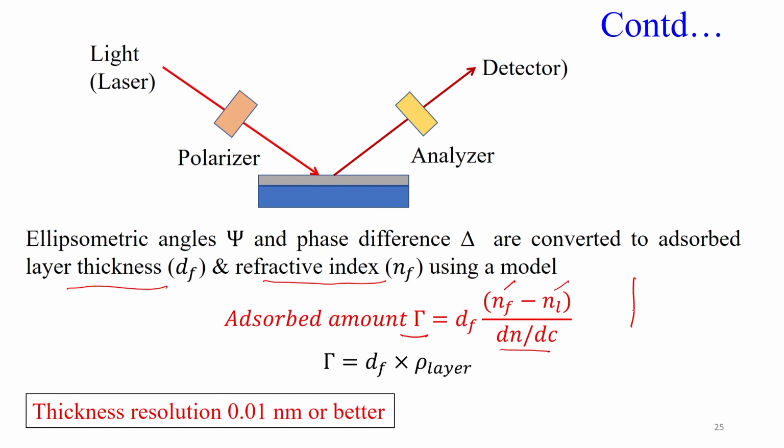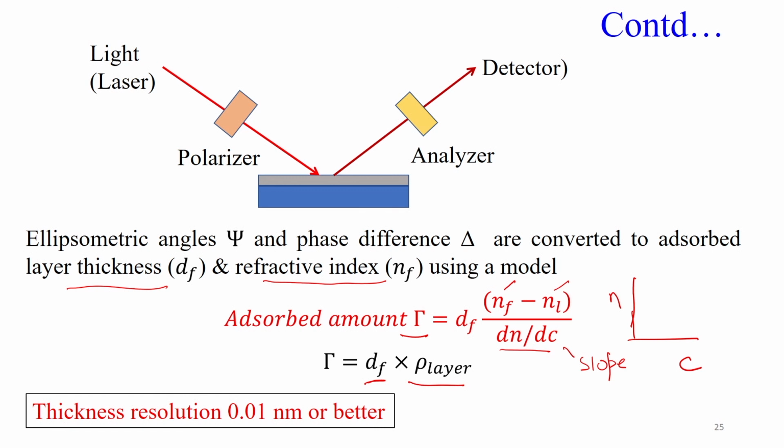For this we have to plot C versus N, and this is simply the slope value. Or you can also say, if you know the thickness, we can simply multiply it with the density of the layer to calculate the adsorbed mass. Using ellipsometry, the thickness resolution is 0.01 nanometer or better.